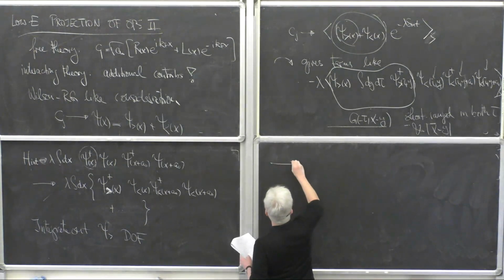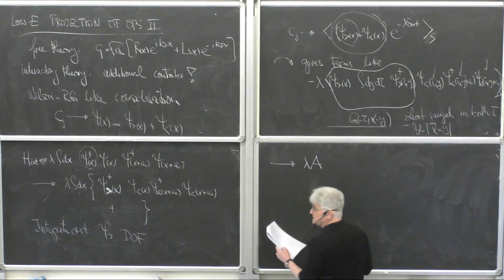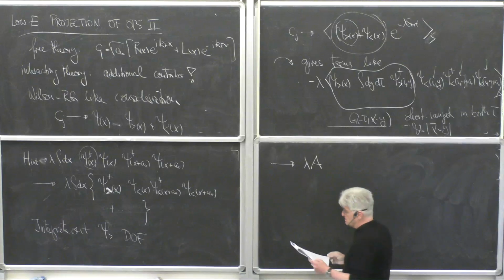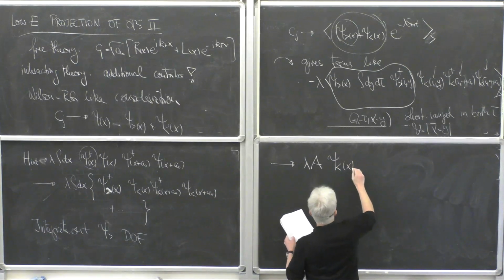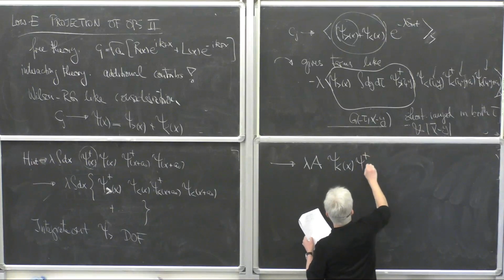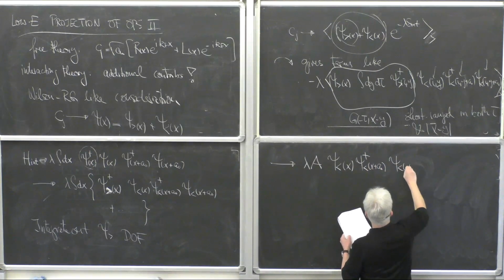So this generates a term lambda times some coefficient, which I get from integrating the Green's function. And then I get what I was after: something like psi less of x, psi dagger less of x plus a naught, psi less of x plus a naught.